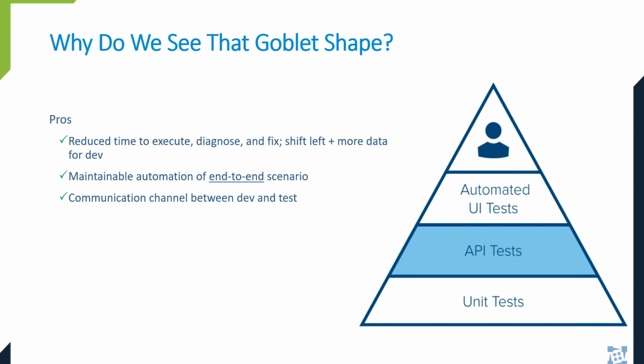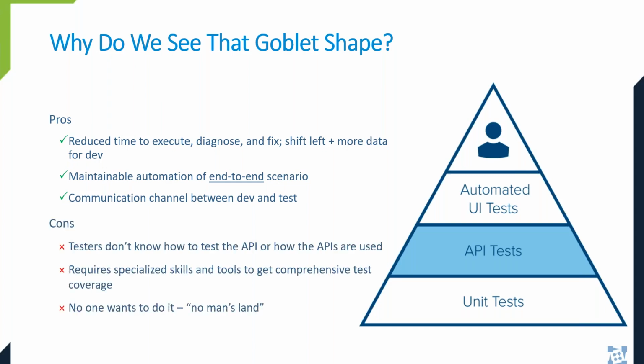They're easier to understand what services they're connected to. And you can thoroughly test the application end to end and with each individual service. And when it comes to actually remediating a defect, handing off an API test to a developer helps them really shortcut the process. So why, again, are we seeing that goblet shape?